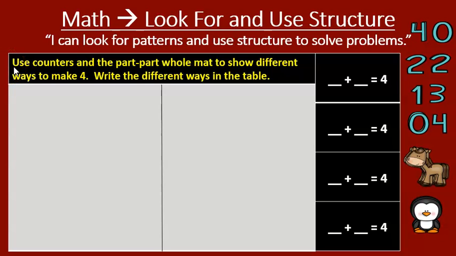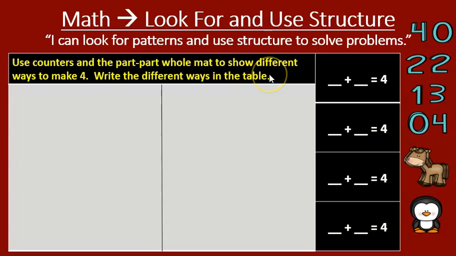These words that are in yellow. Let's read it together. Here we go. Use counters and the part whole mat to show different ways to make 4. Okay, let's keep reading. Write the different ways in the table.